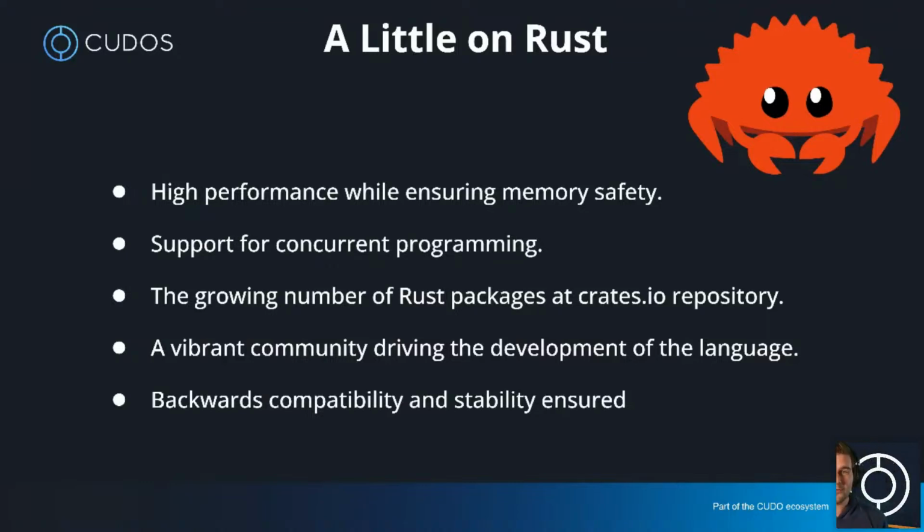So also good from that speed side on the concurrency front. There's a huge growing number of Rust packages at crates.io. The package manager for Rust, Cargo, is very good at managing those different packages at crates.io and putting them into your code. And yeah, so that growing number there has been really cool to see, a lot of open source contributions to the Rust ecosystem there.